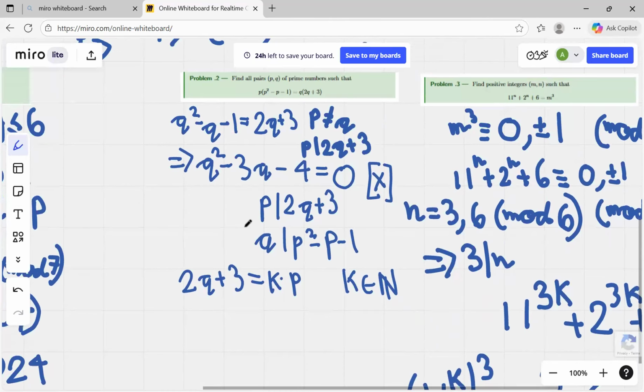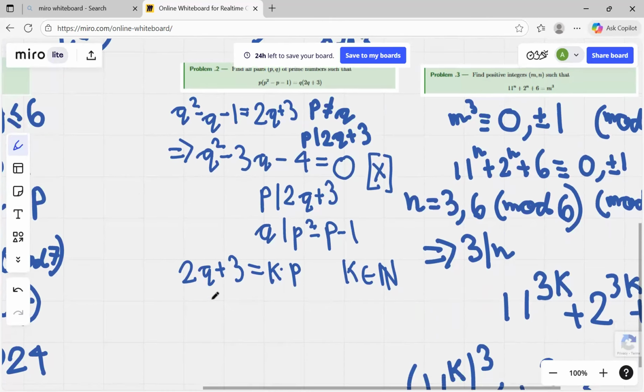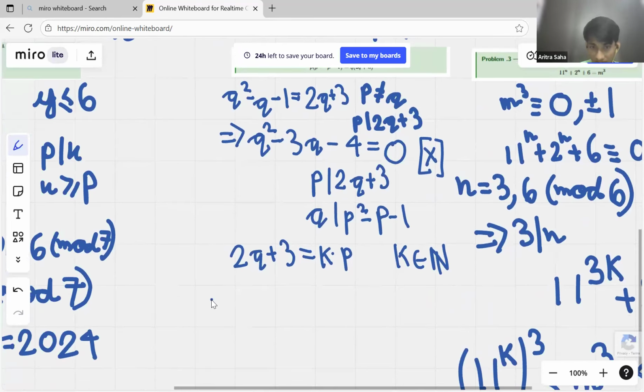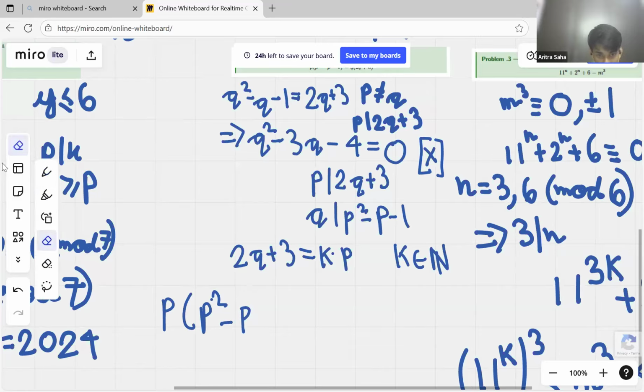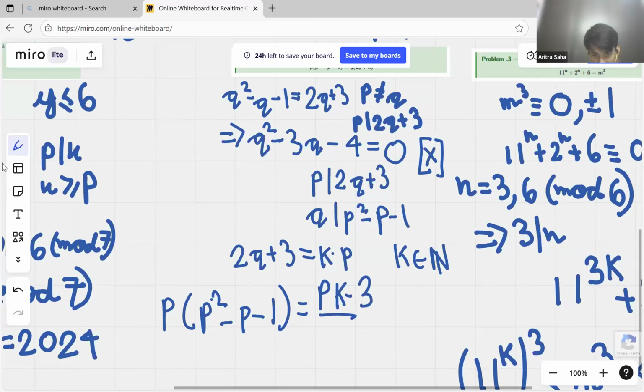Then kq is equal to p squared minus p minus 1, right? I will write the equation. So we'll have p into p squared minus 1 equals pk minus 3, and q is pk minus 3 by 2 into pk.